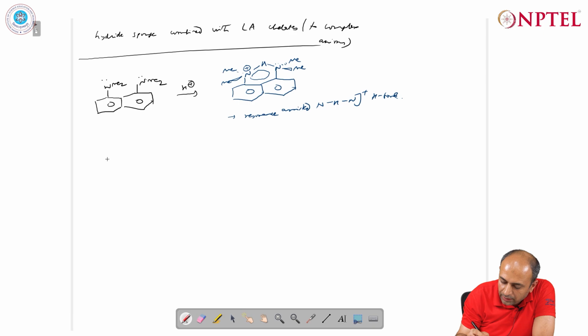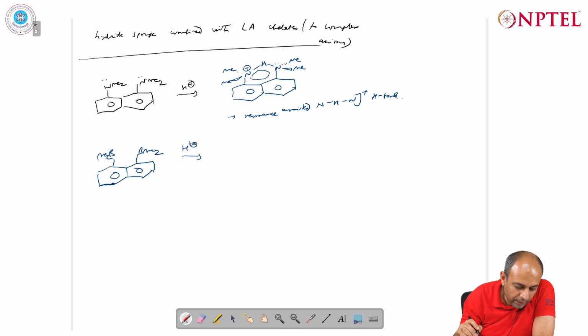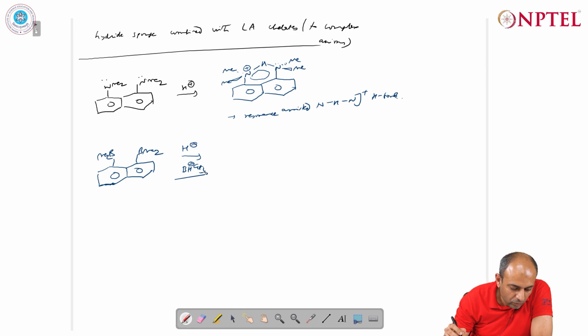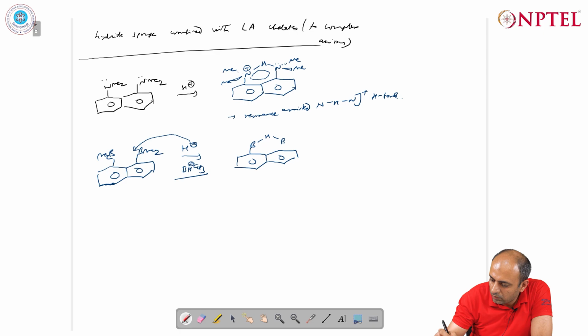On the same lines, we can now have Lewis acidic sites, BMe2, boron based Lewis acidic sites, and now we add in a hydride ion, and the source of the hydride ion comes from BH minus Et3, so triethyl borohydride, and it will interact strongly with the boron center here and form this hydride bridge.